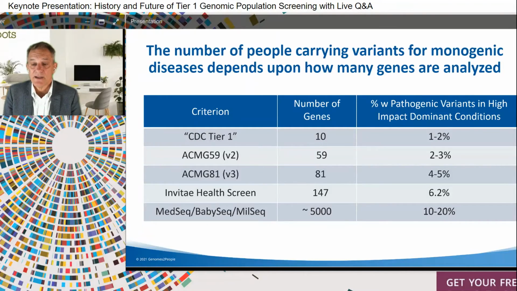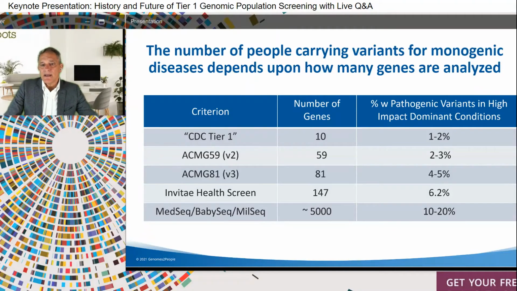And we've verified this, and this has been validated in other groups. After we did ours, Mike Snyder's group found this, Craig Venter's HLI group found this, and others have reported this as well. So that's a lot of people carrying monogenic disease risk.